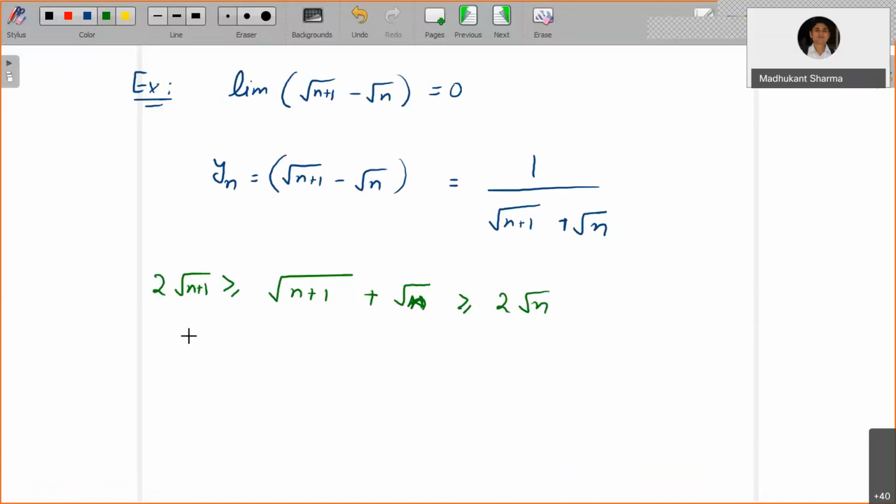So you have found that 1 by 2 root n plus 1 is less than or equal to 1 upon square root of n plus 1 plus root n, which is less than or equal to 1 by 2 root n.